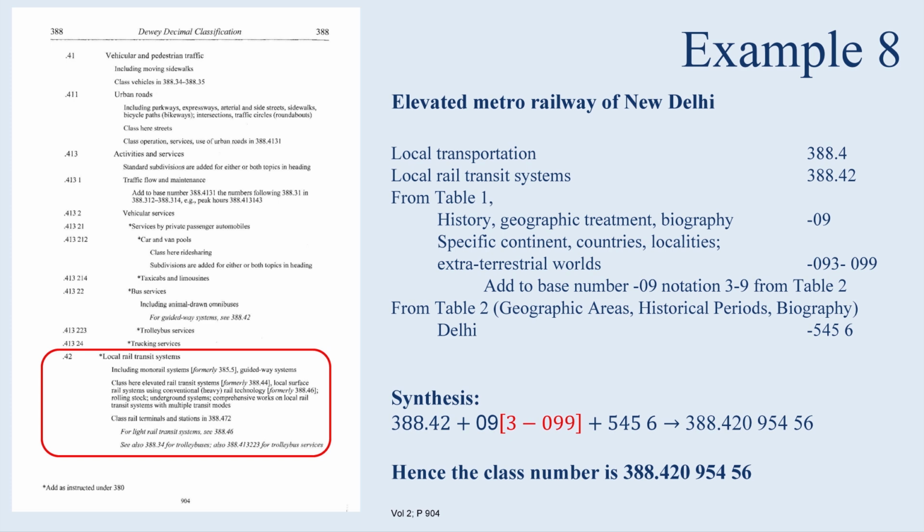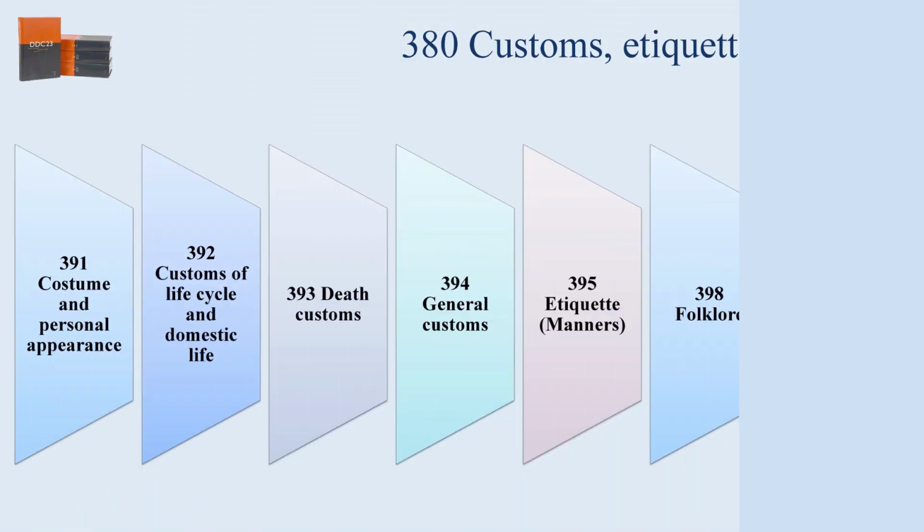Finally, the number will be 388.42. Then from Table 2 it will be 09, and finally the number for New Delhi is 5456. So finally the number will be 388.420.95456.